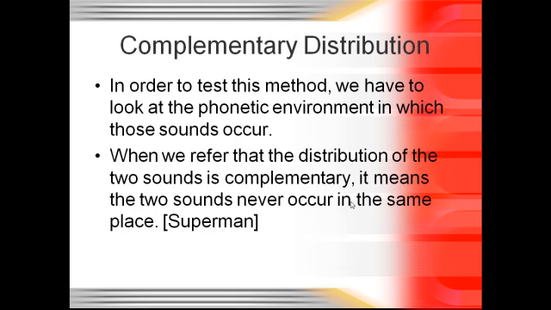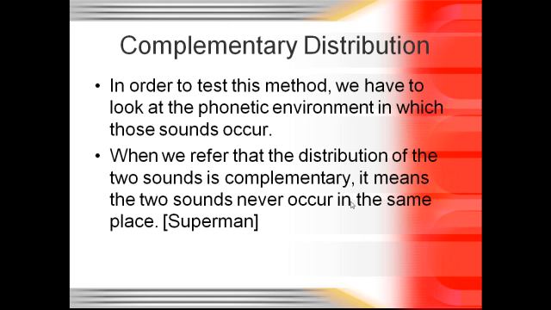The next one is complementary distribution. It's the method that we use the most. Most of our data problems are based on complementary distribution because this enhances critical thinking and analysis, and that's what we want from our students. Here it says, in order to test these methods, we have to look at the phonetic environment.